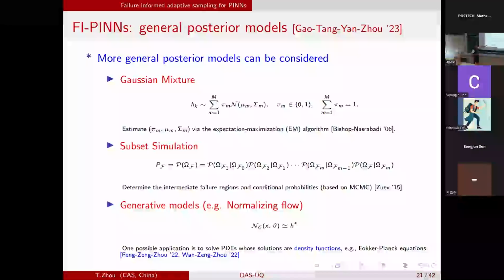This is actually optimal. You are using a very complex neural network to model the density. This should be optimal, but you can imagine that the complexity for training this neural network is comparable to training the PDE solution.